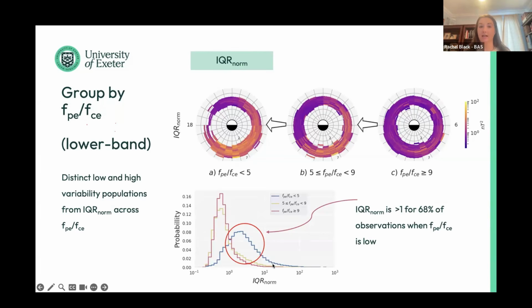So this is essentially telling us that the majority of our structured chorus waves are occurring when the plasma to gyro frequency ratio is below 5.